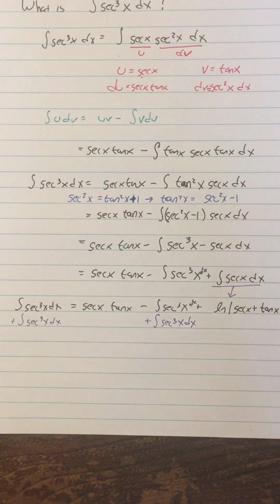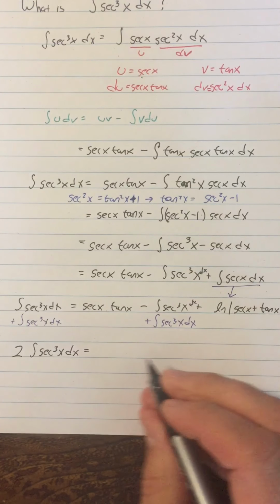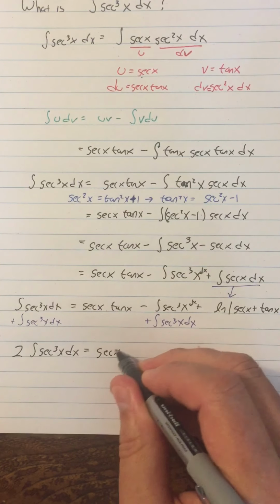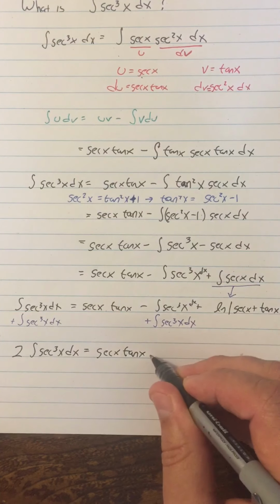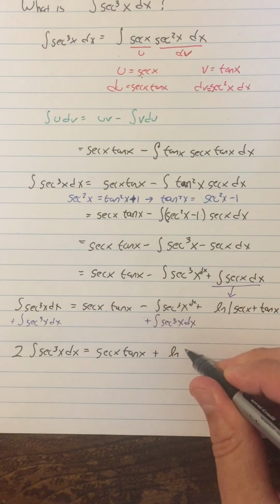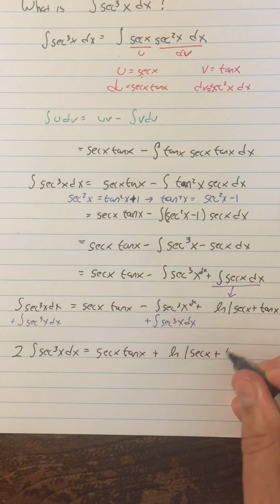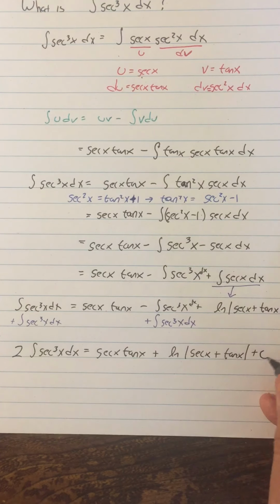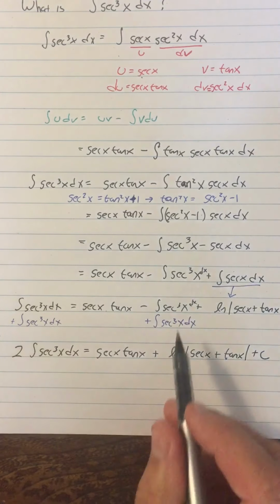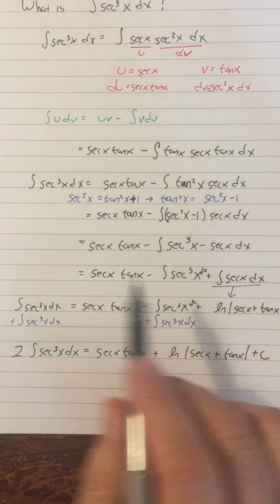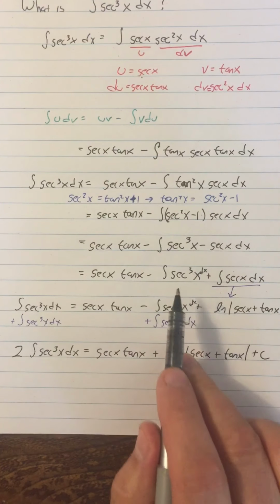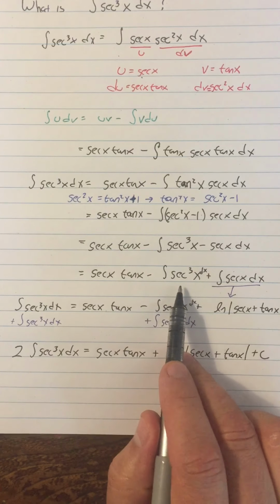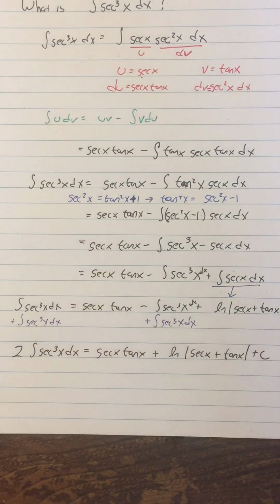Then what I'm going to end up with on the left is 2 integral secant cubed x dx, and it equals this thing, secant x tangent x, plus this thing, ln absolute value secant x plus tan x plus c. So now, see, I never managed to solve, really, for what integral secant cubed is, except for something that was still in terms of what I didn't know. But by putting both my unknowns together, then I can just divide both sides by 2.